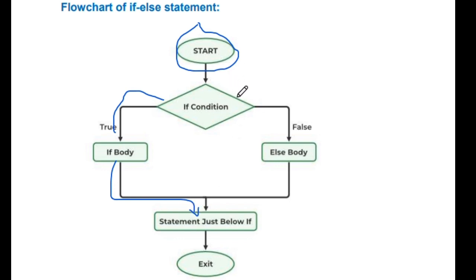If the condition is false, it goes to the else body and prints the block of code that is entered in the else body, and it goes to the end of the program. This is the flowchart, or how the if-else statement works in the C programming language.